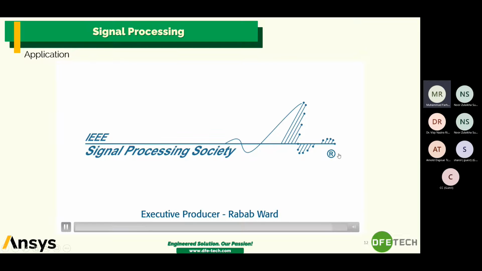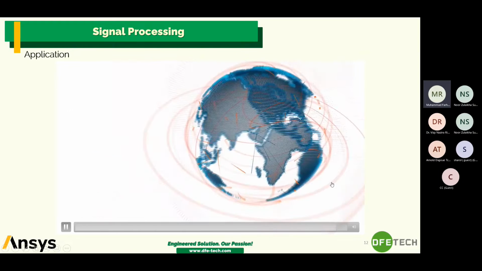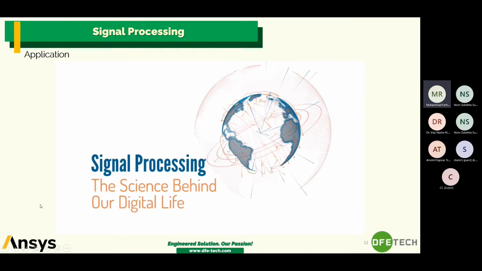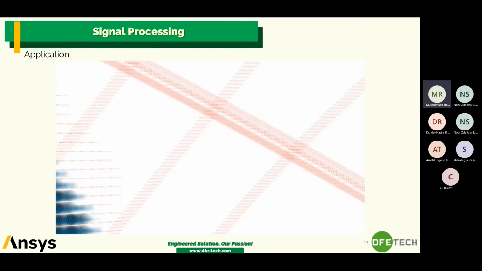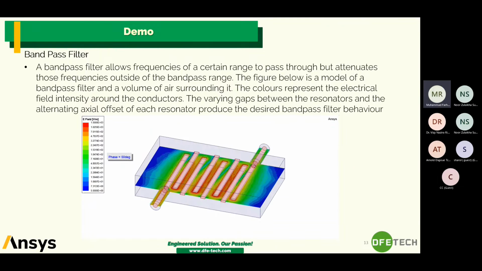Now that we know the application of signal processing in the world, let's go through the demo together. The demo will be a bandpass filter model. A bandpass filter allows frequencies of a certain range to pass through, but attenuates those frequencies outside the bandpass range.